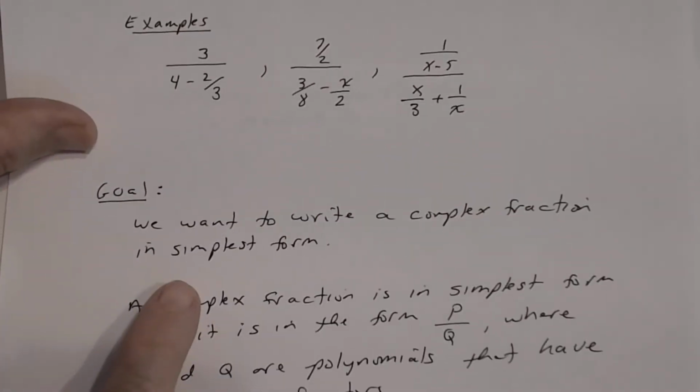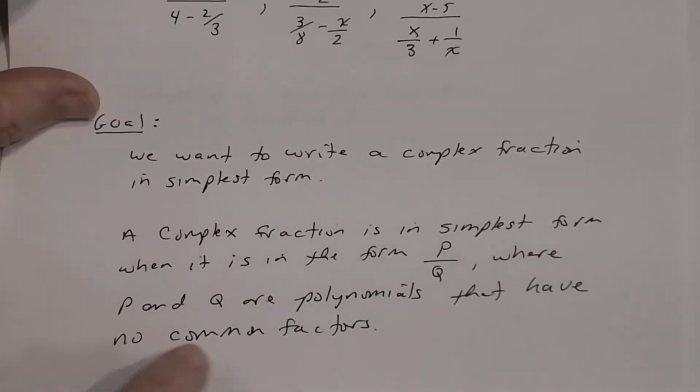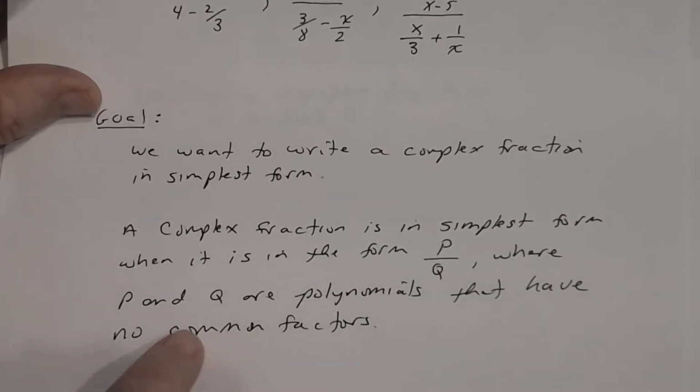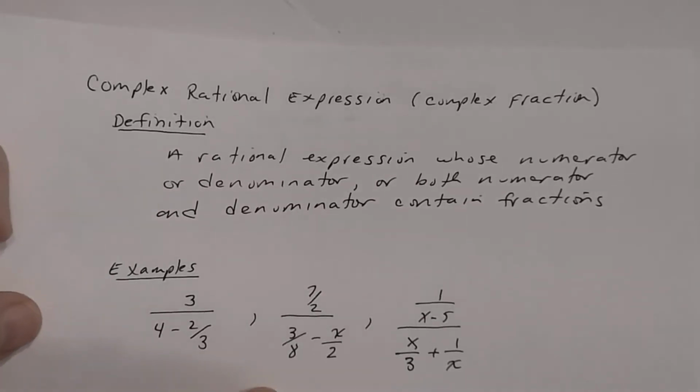And remember, in the end, you always want to make sure that your final answer is in simplest form. So if you can factor, make sure you do that, and divide out your common factors. Simplest form means that your fraction has no common factors any further. We talked about this in method 1 in the previous lesson.